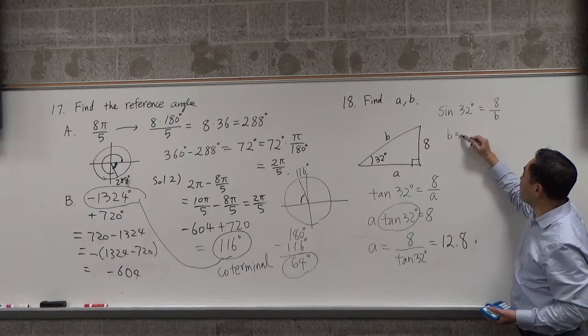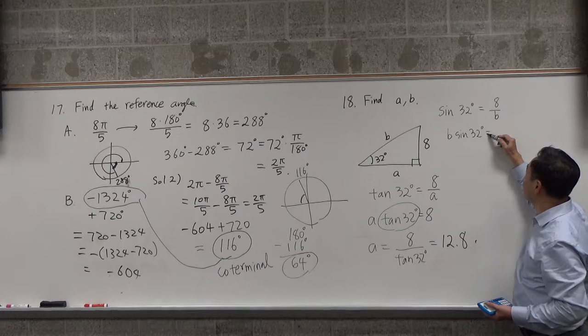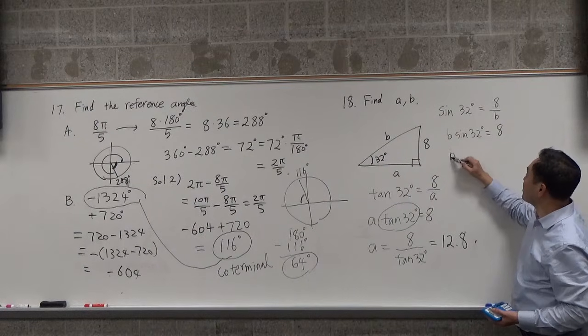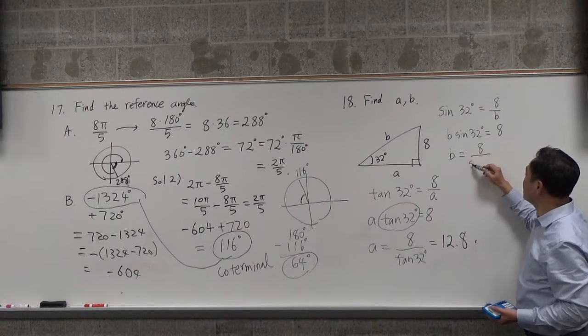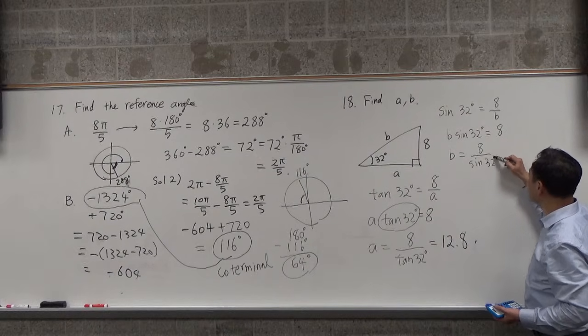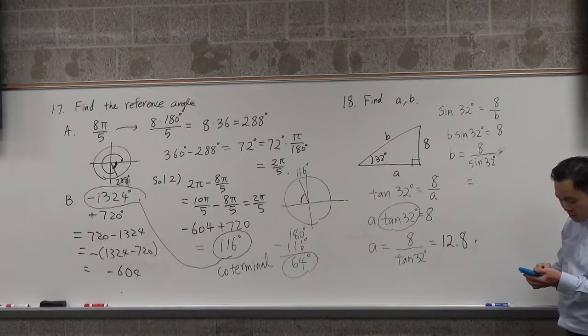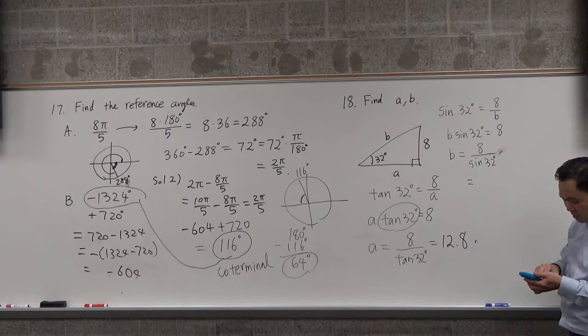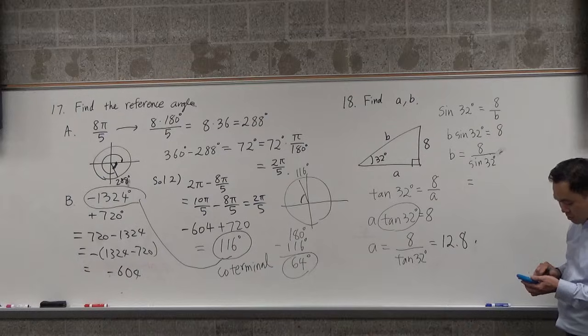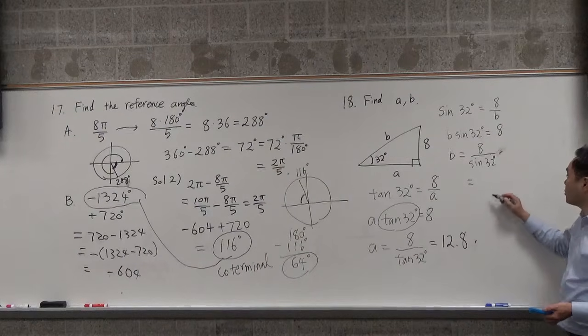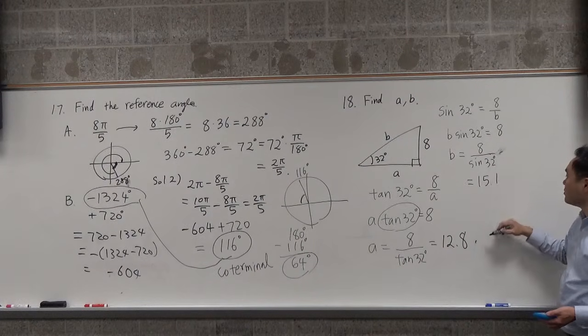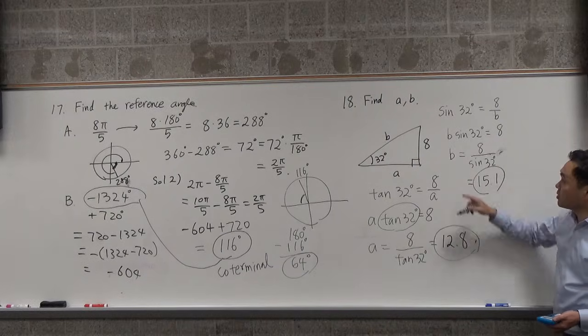Multiply by b both sides. And now you divide by sine 32. If I use the calculator, 8 divided by sine 32, I get 15.1. Okay, so these are the lengths of A and B.